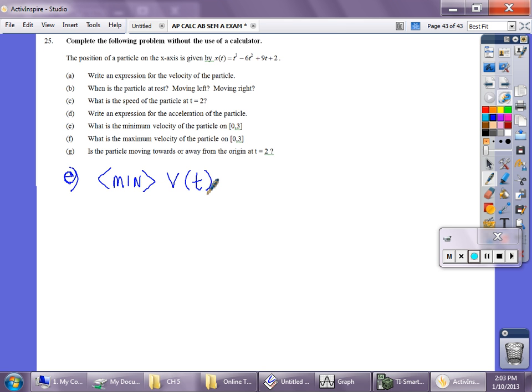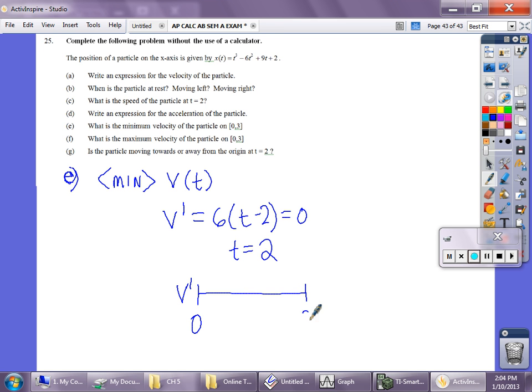If I want a minimum velocity, I would take velocity's derivative, which is the same as acceleration, which we just got a second ago, set it equal to 0 or undefined, which doesn't happen in this case. Minimum velocity from 0 to 3 would be, 0 to 3, 2. So 0.